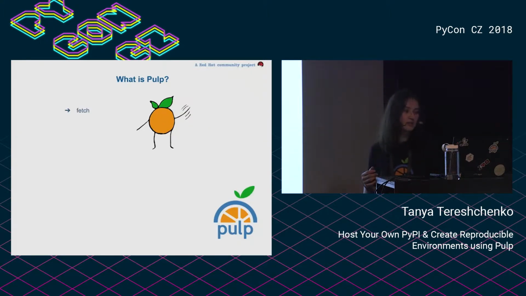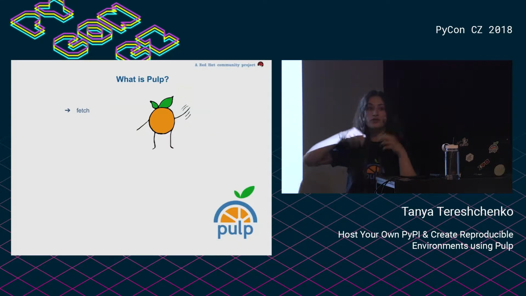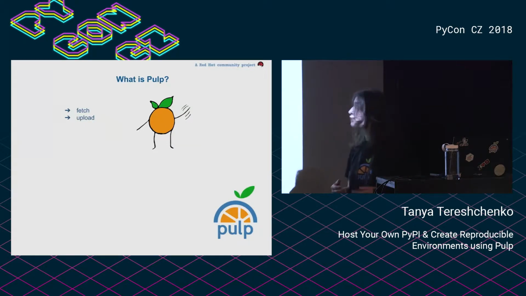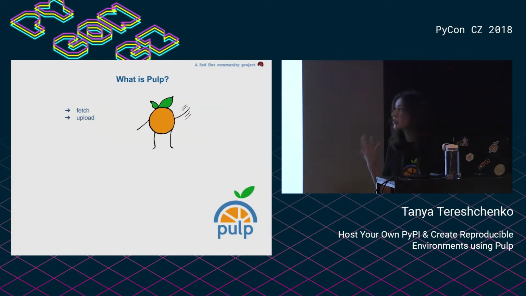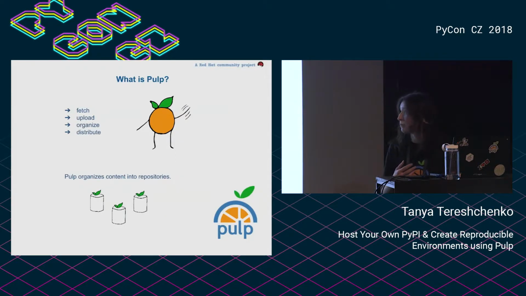You can fetch content from a remote source into Pulp. You can upload your own packages into Pulp. And Pulp organizes content into repositories.